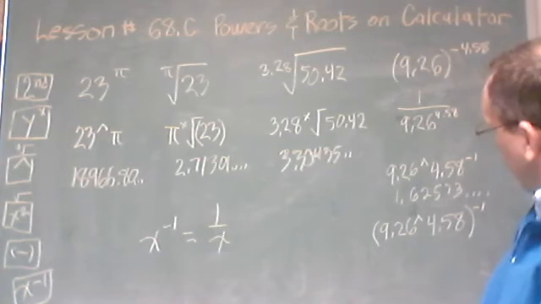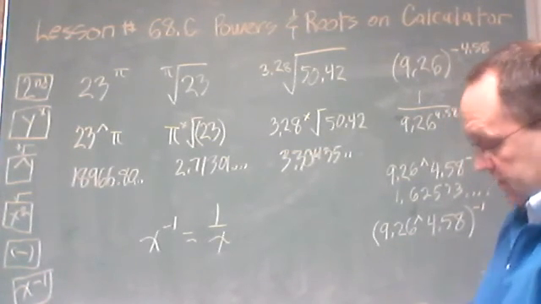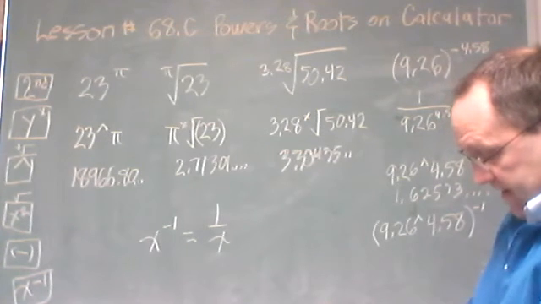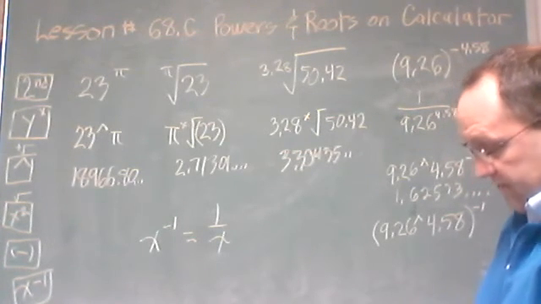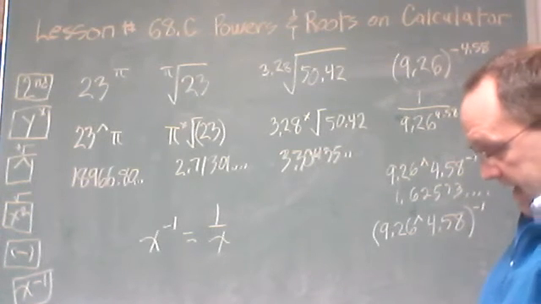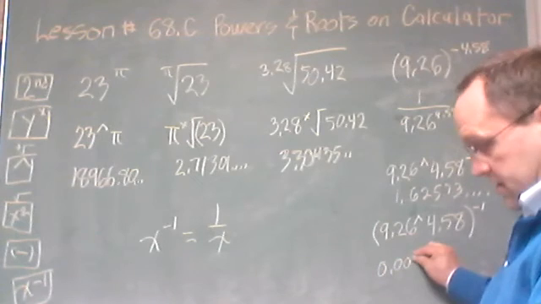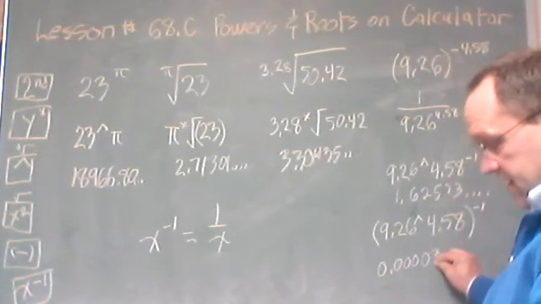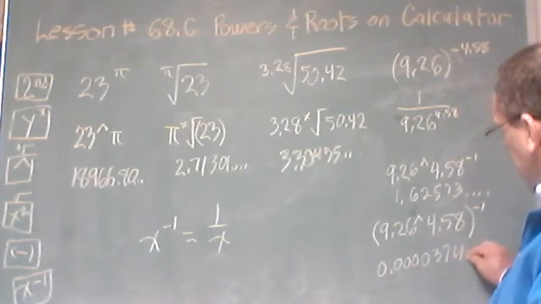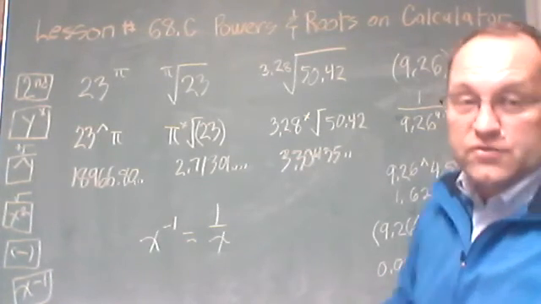Okay, I'm going to put in my brackets 9.26 caret symbol to the 4.58 power. Close off my brackets, then hit the reciprocal button. I get equals 0.0000374, yada, yada, yada. That is the correct answer that I got the first time around.